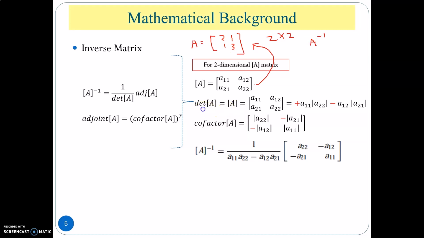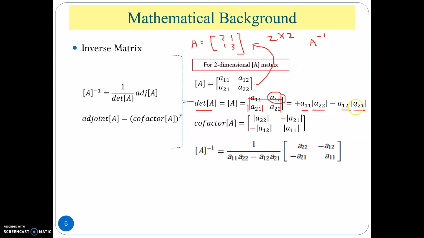The general formula to compute the determinant A is to take A11, cross out the column and row corresponding to it, take the determinant for the remaining terms, and then multiply it. Then continue with the second element in the first row, which is A12. So cross the row and column corresponding to A12 and take the determinant for the remaining term.